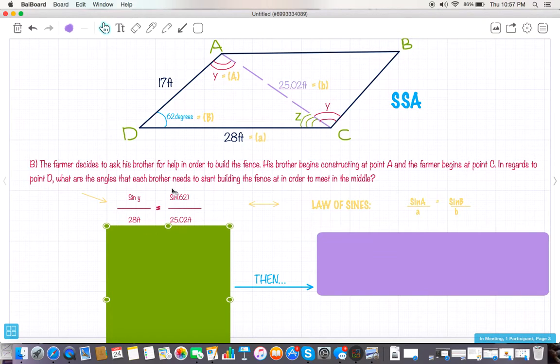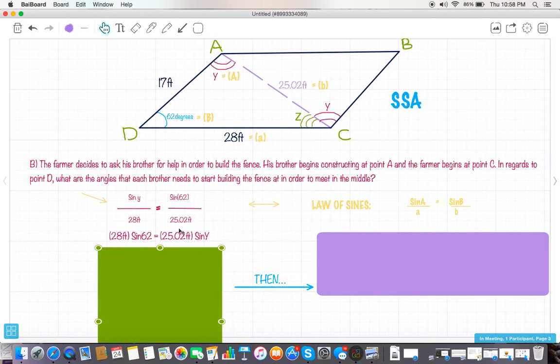In order to solve this, we need to multiply sine of 62 by 28 feet, and 25.02 feet has to be multiplied onto sine of y, so as to cancel out the denominators.